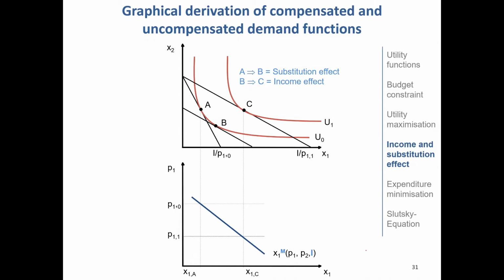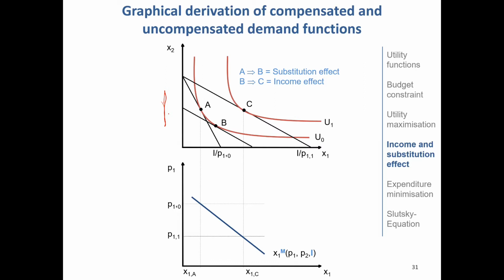Here is some more illustration about income and substitution effects. This is the graph that we have seen on the last slide. And we also know that from the utility maximization problem, ultimately we will be able to derive the demand function, called the Marshallian demand function, of each good, right?